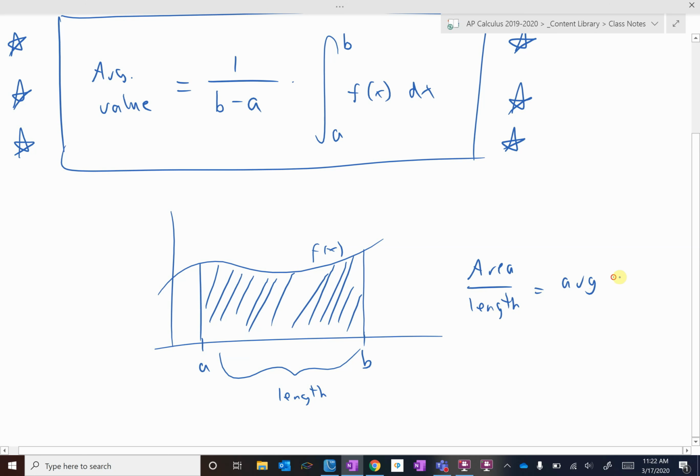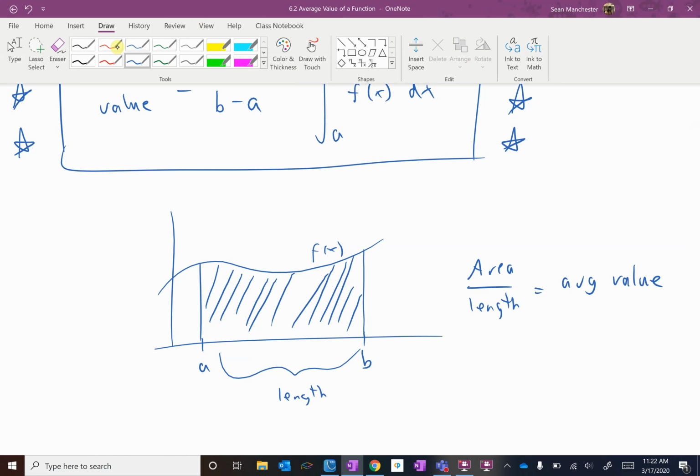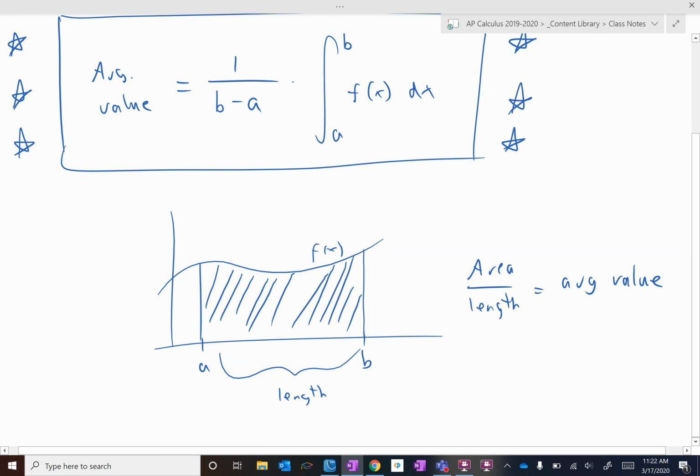You could think of the average value as something like the height of the rectangle with the same area. Right, if we were to draw a rectangle that has the same area, that is our average value. So that may have been a little confusing or not, I don't know.